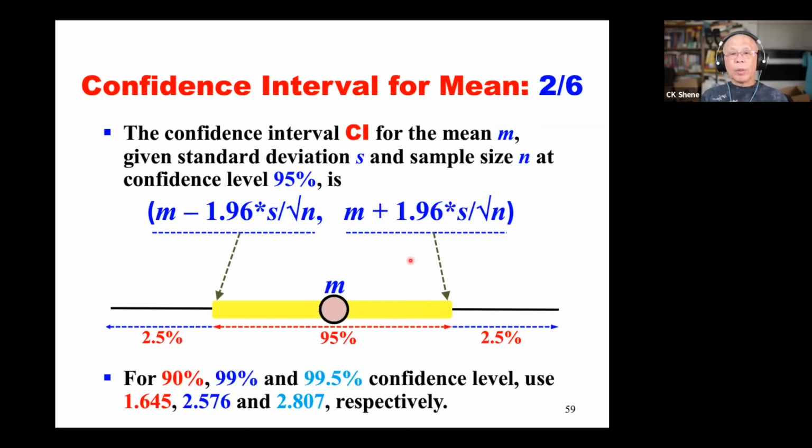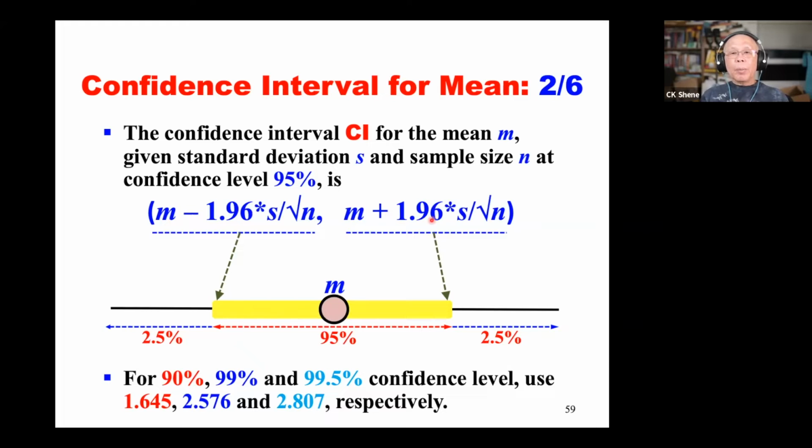Here is the formula. We have the sample mean here. Now, the lower bound and upper bound of the CI under confidence level 95% is this. The lower bound is M, the sample mean, minus 1.96 times the standard error of the sample mean, which is the sample standard deviation divided by the square root of n.